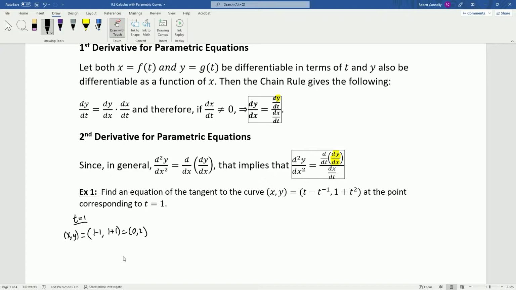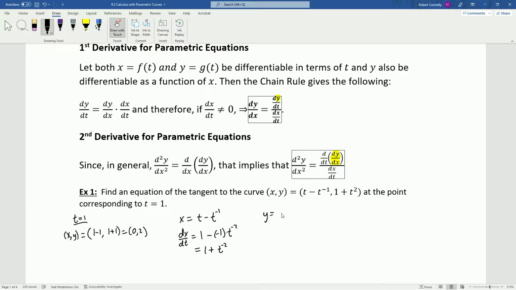Now we need to have a derivative function in order to evaluate this derivative at the point. So we're just going to use our derivative formula here. So x equals t minus t to the negative first power. So dx/dt equals 1 minus negative 1 times t to the negative second power, which is just going to be 1 plus t to the negative second power.